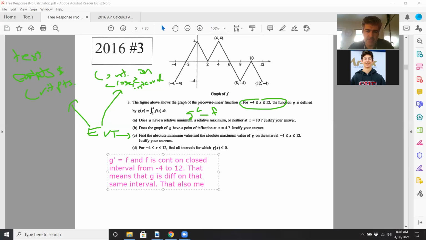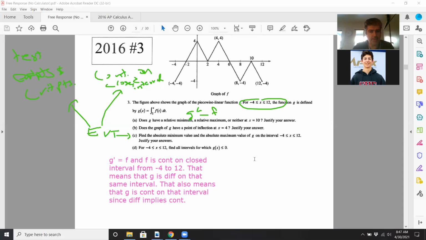That also means that G is continuous on that interval, since differentiability implies continuity. So this is a theory that comes into it, right? This is what they're after. This is when you've achieved full mastery of this course, when you can fully have a command of this.